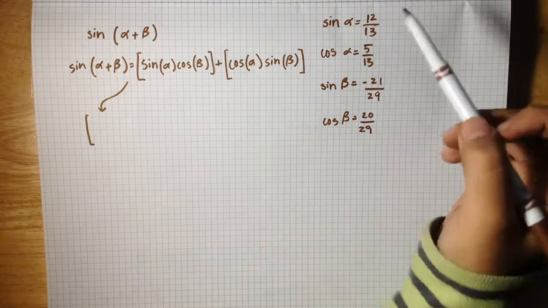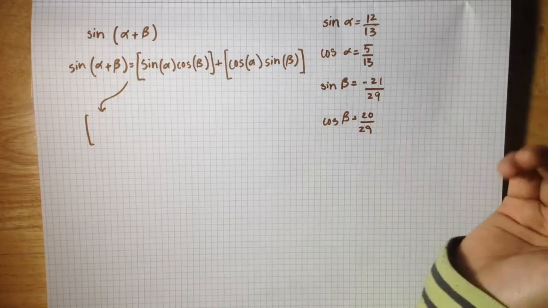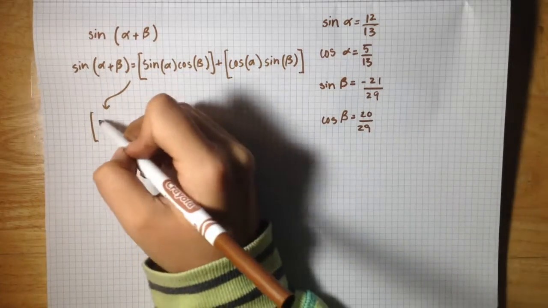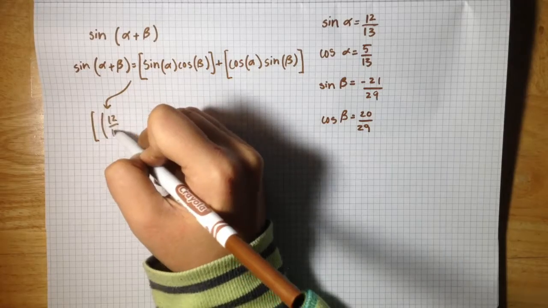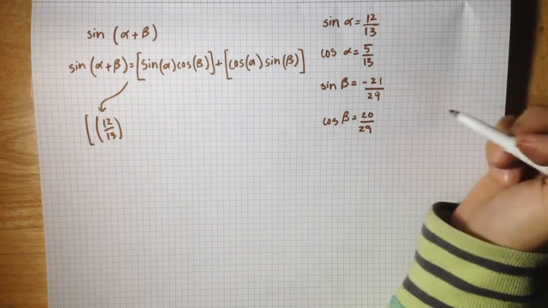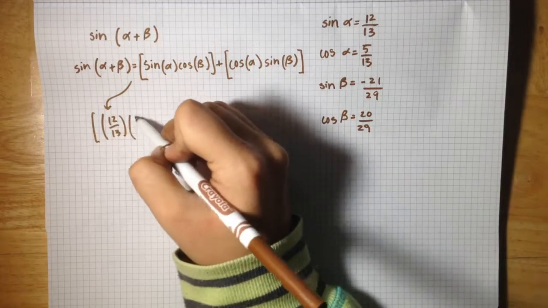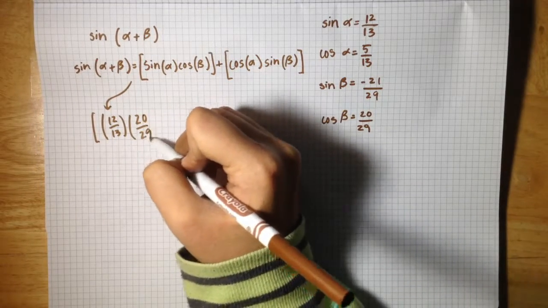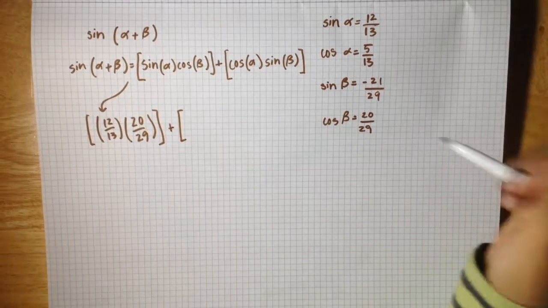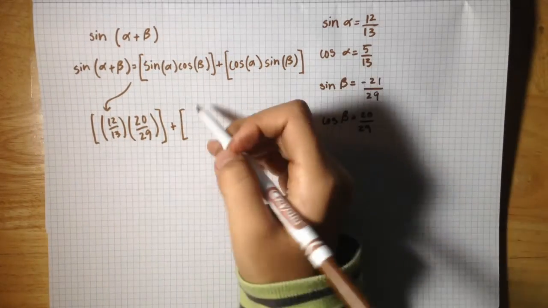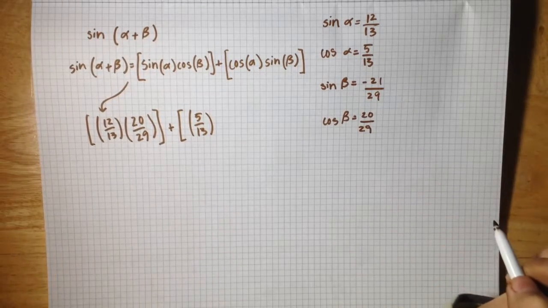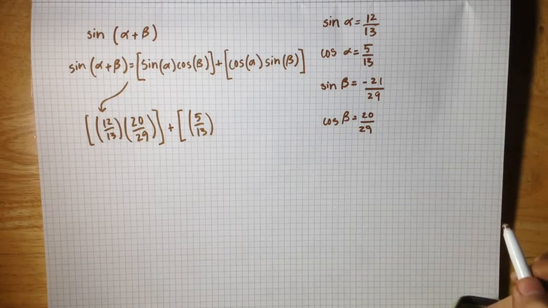Substituting these values into this equation, I get sine of alpha equals 12 over 13 times cosine of beta is 20 over 29 plus cosine of alpha, which is 5 over 13, and sine of beta, which is negative 21 over 29.